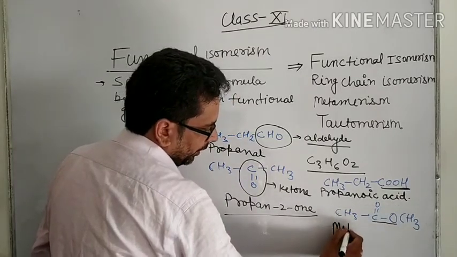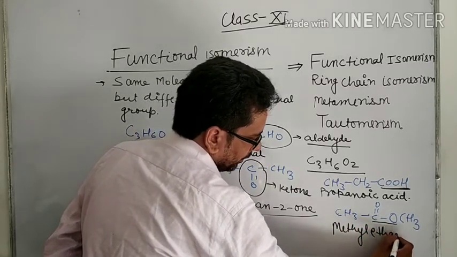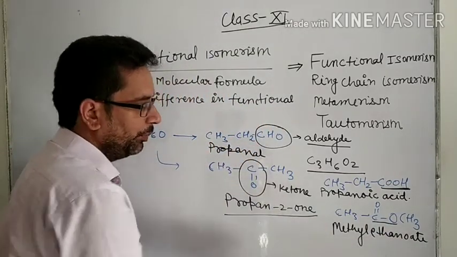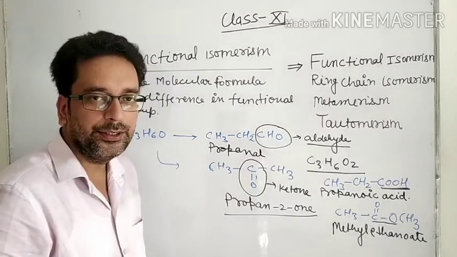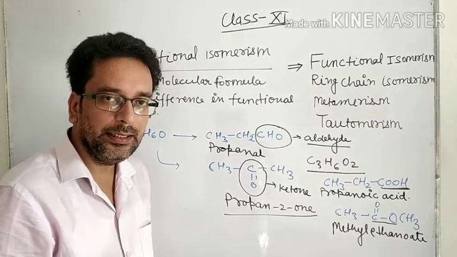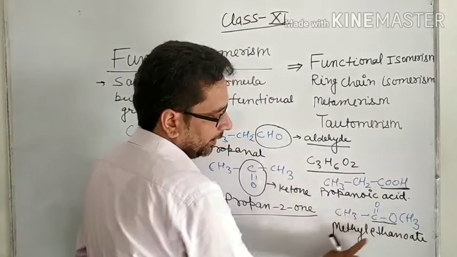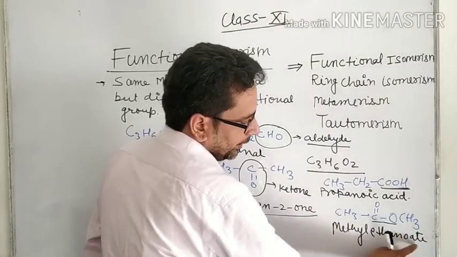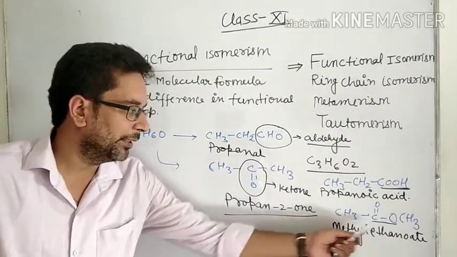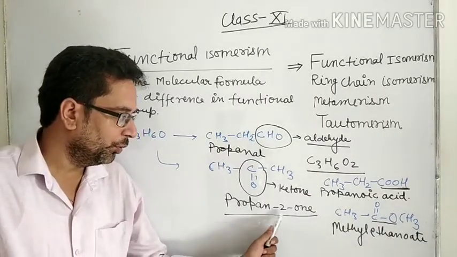So the name of this compound is methyl ethanoate. The IUPAC name for an ester is alkyl alkanoate. The smaller group is alkyl, so CH3 is methyl, total number of carbon 2, methyl ethanoate. So propanoic acid is the functional isomer of methyl ethanoate, and propanal is the functional isomer of propan-2-one.